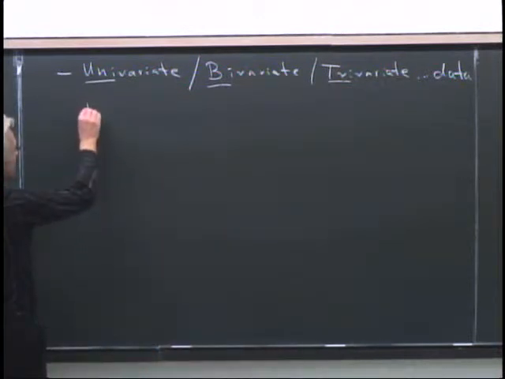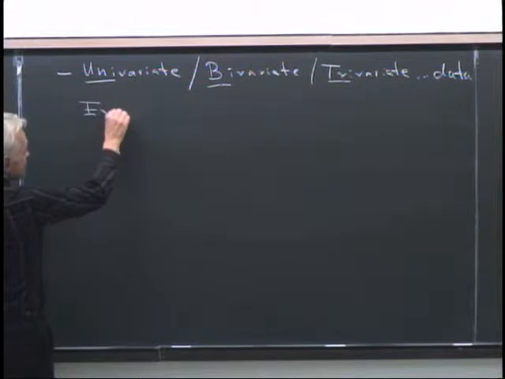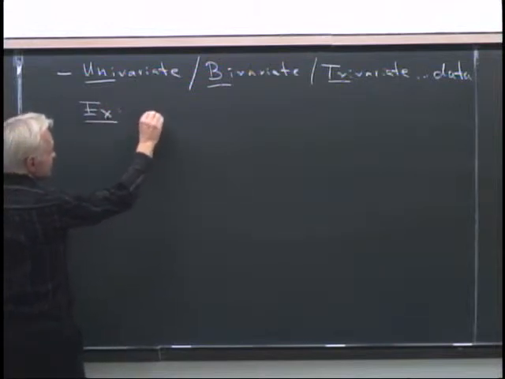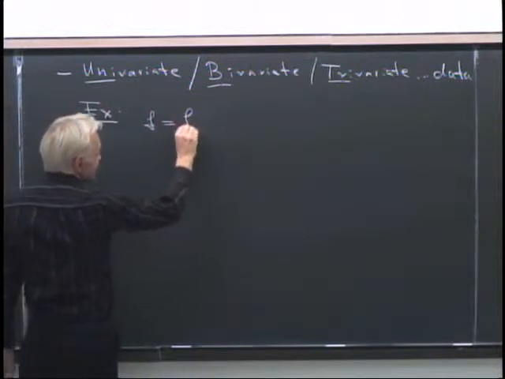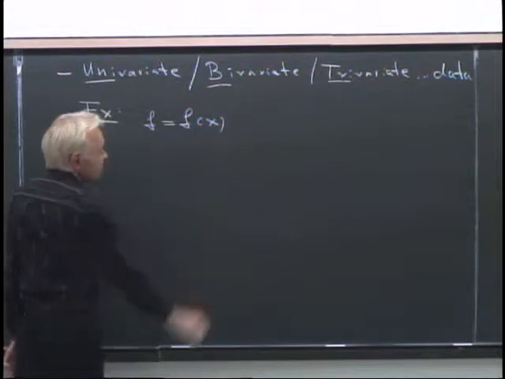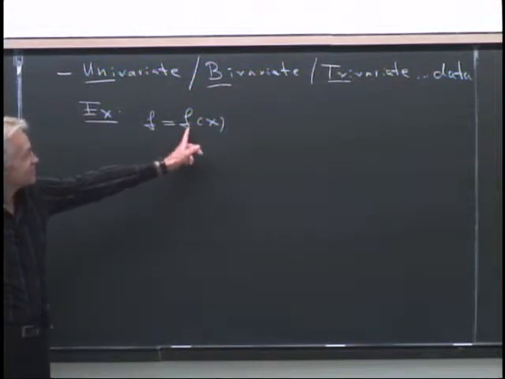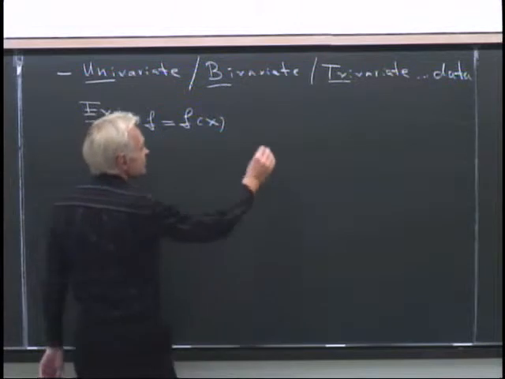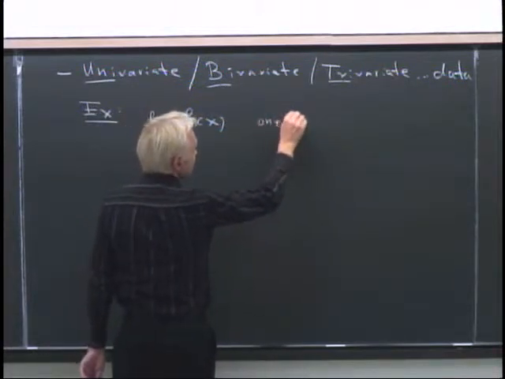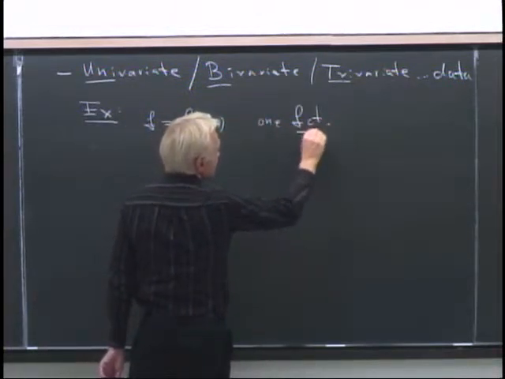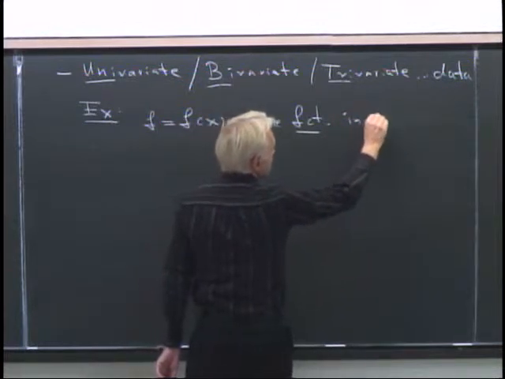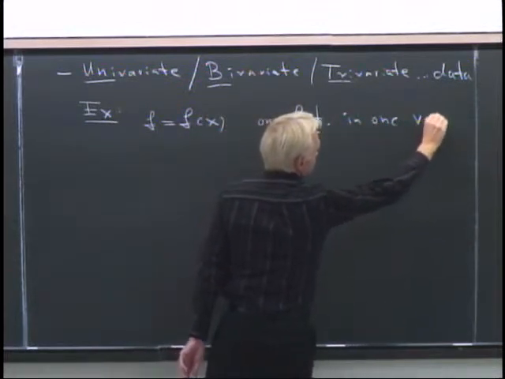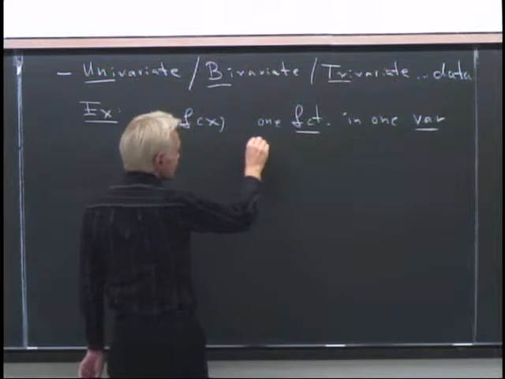So examples for this: if you have a function f, if f is f of x, then you have one dependent variable, right? One function and one variable. Okay, so this is univariate.